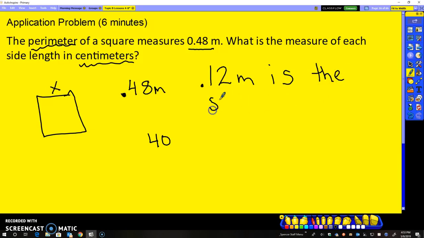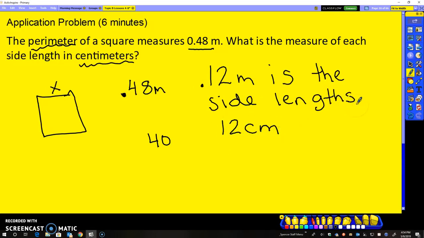But I've got to go back to the question, and it tells me it wanted them in centimeters. If I have 12 hundredths of a meter, that is 12 centimeters.